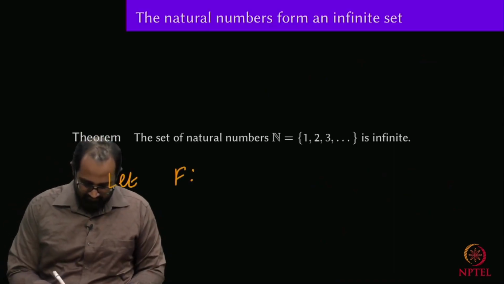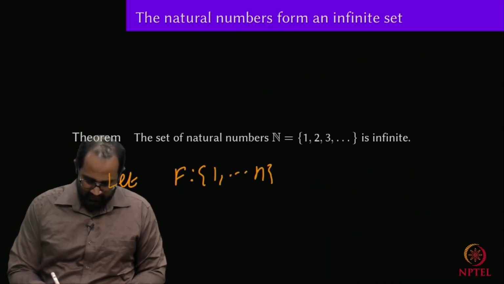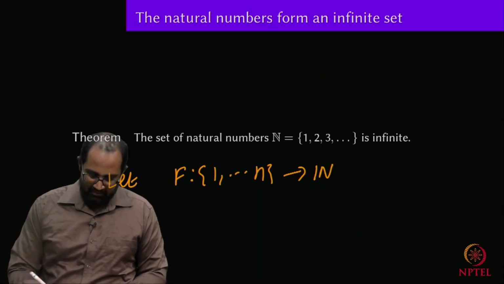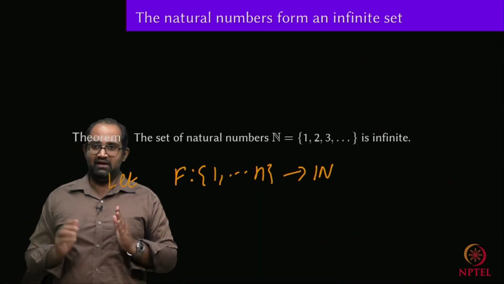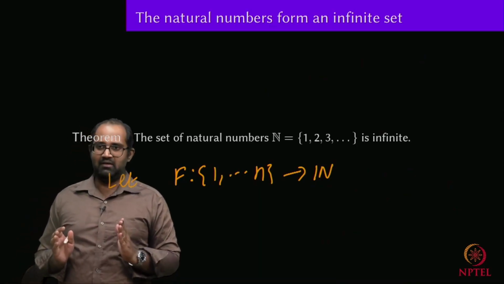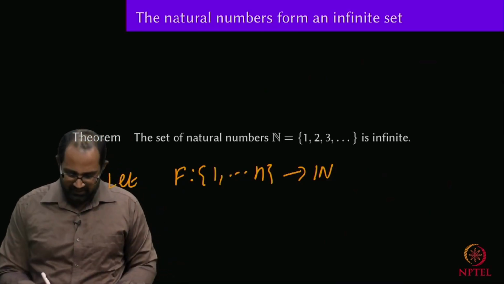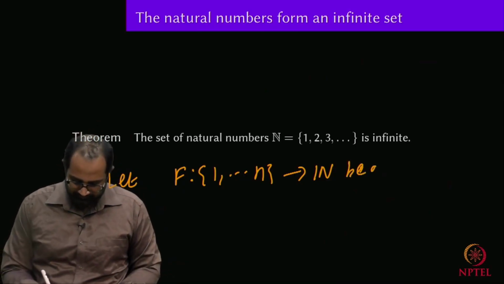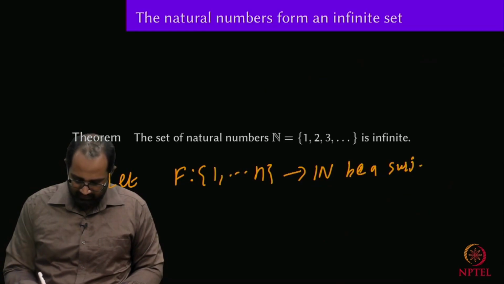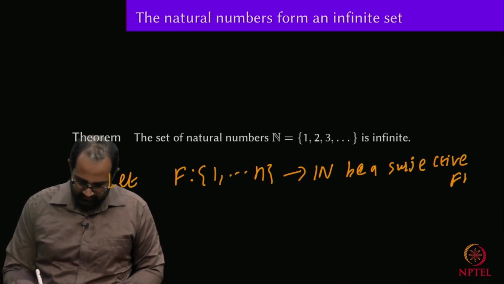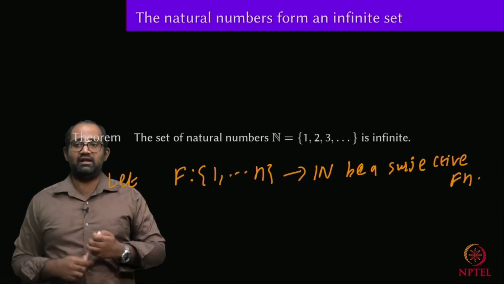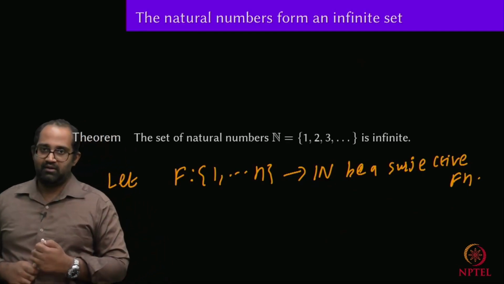So let f from 1 dot dot dot n to natural numbers. Now you might think what I am about to write next is bizarre, but I am doing it for a reason. Be a surjective function. I am going to show that this is not possible.